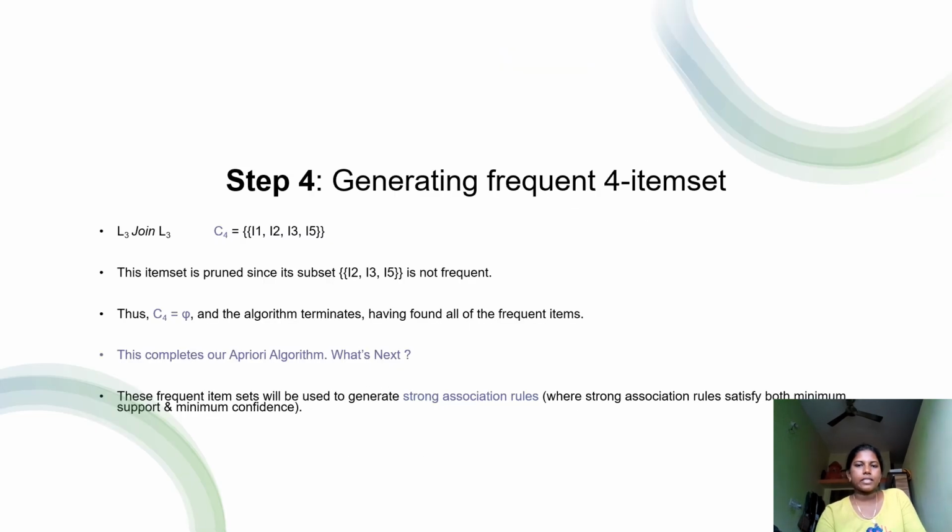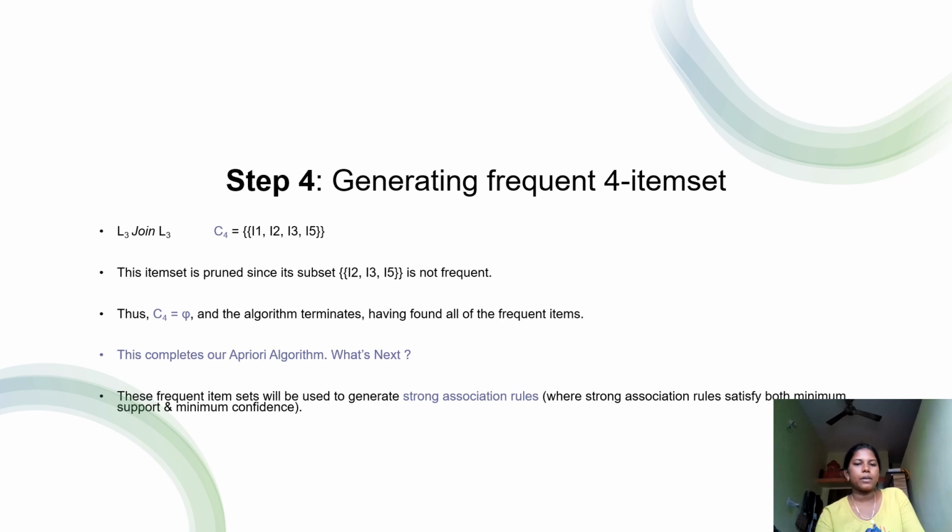Step 4 is generating frequent 4 item sets. L3 join L3, C4 is I1, I2, I3, I5. This item set is pruned since its subset I2, I3, I5 is not frequent. Thus C4 is empty and the algorithm terminates, having found all of the frequent item sets.